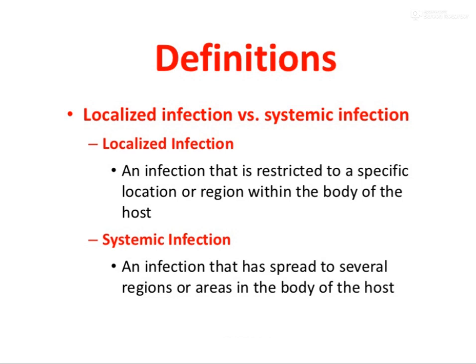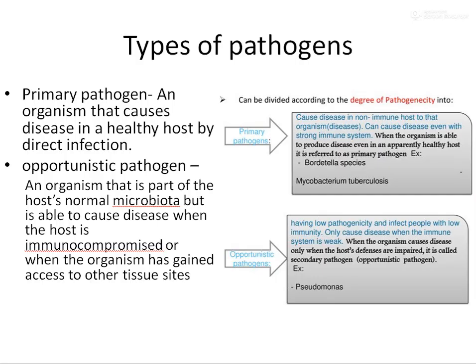And localized as well as systemic infection depend upon the extent to which it has spread. Systemic is present throughout your body, while localized is at a specific location in your body. Now, you can also classify the pathogens which cause different types of infection.